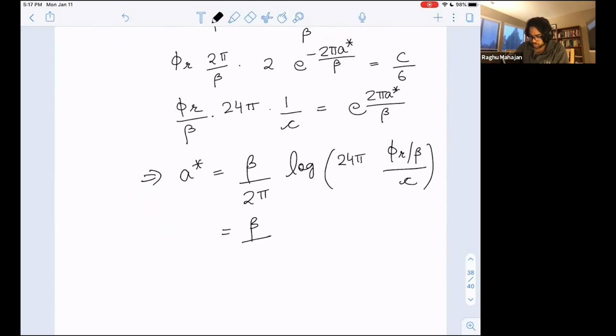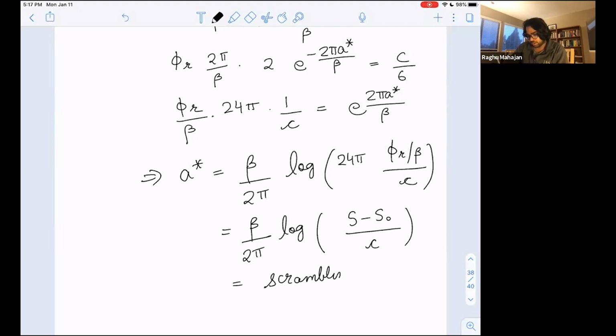So let me rewrite this. I will ignore some overall constants. We have here S minus S naught, right? S is the entropy of the black hole because it was proportional to phi r over beta. It was linear in the temperature divided by C. And this is nothing but the scrambling time.